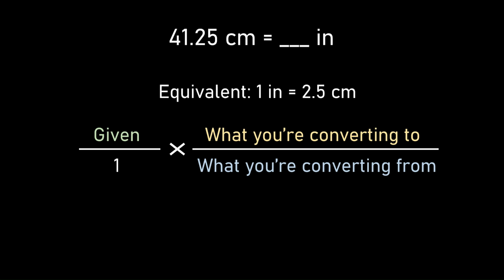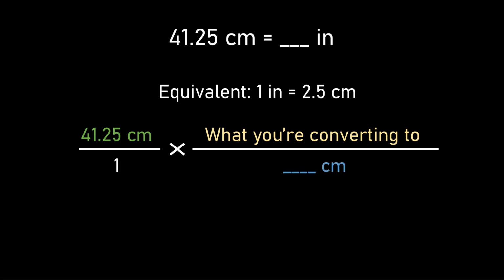Let's find our given. The question asks us to find an unspecified number of inches equal to 41 and 25 hundredths centimeters. Of the two options, the only complete piece of information is the centimeters, so that's our given. Next, we need to fill in what we're converting from. It has to be the same unit as the given.